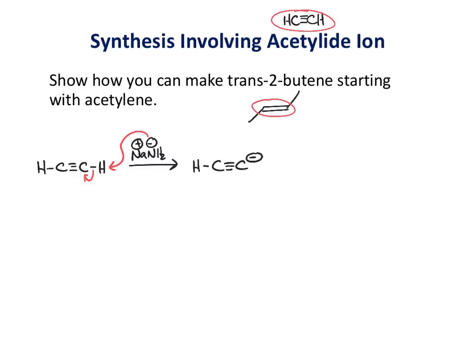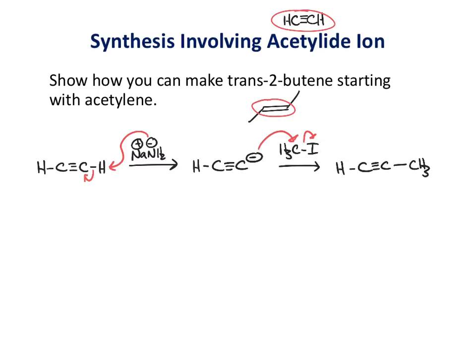From there, now you can add whatever carbon chain you want. In this case, I'm just going to add a methyl and then another methyl. So you just need a methyl halide. Just use iodomethane. And I methylate one of those positions.